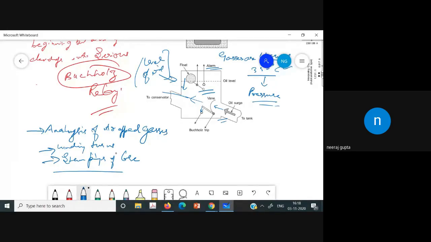Now let us suppose that hydrogen and C2H2 gas is liberated. In that case, there is arcing in oil between the constructional parts.